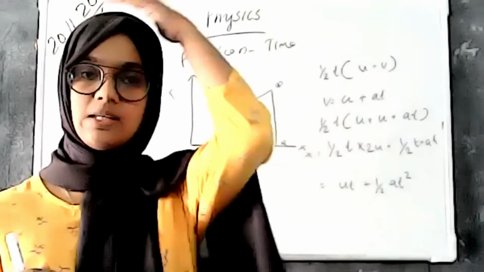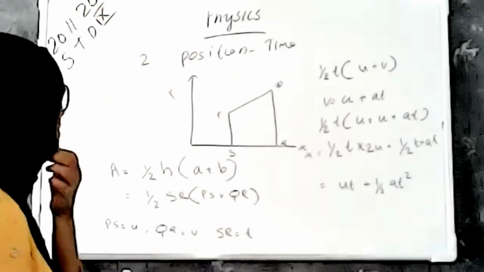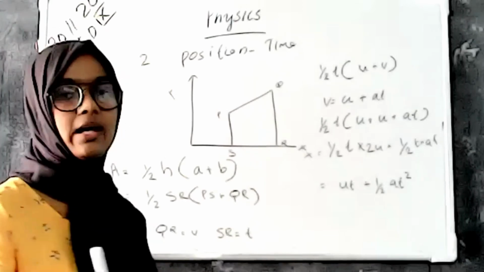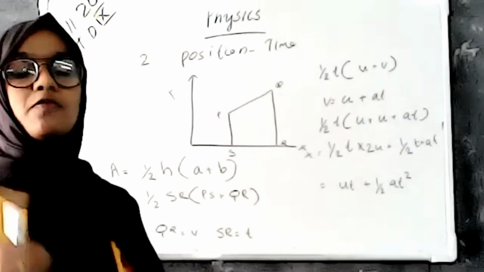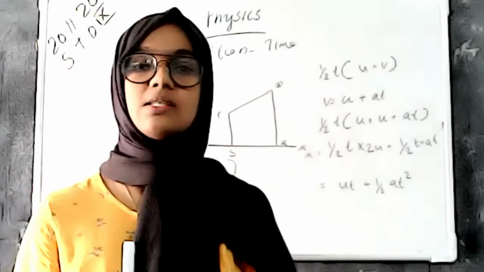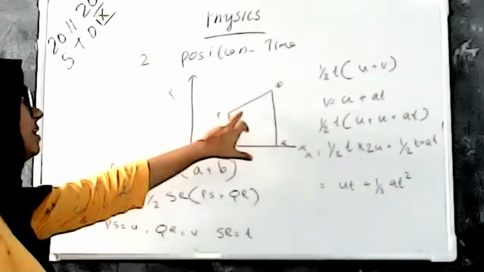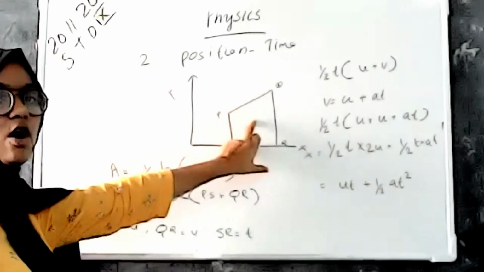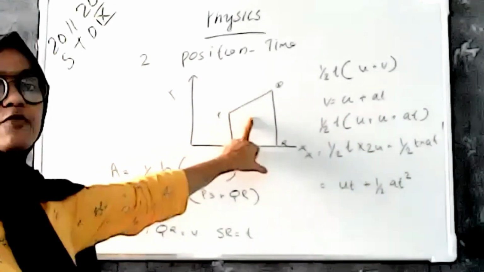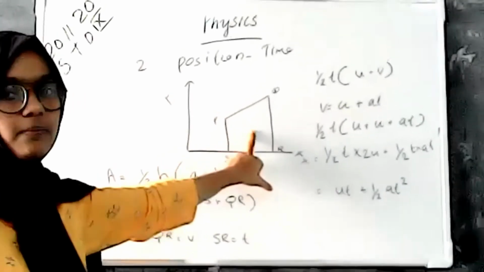We want to discuss one more time the derivation, that is the position time relation. We want to find the second equation, that is relating the position and time. For understanding this, we want to find the area of the trapezium that comes from the velocity time relation.